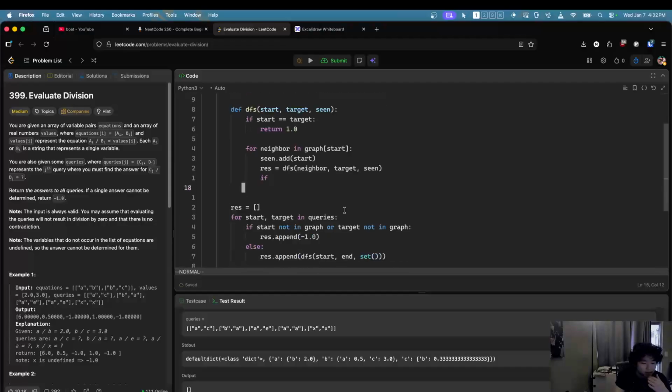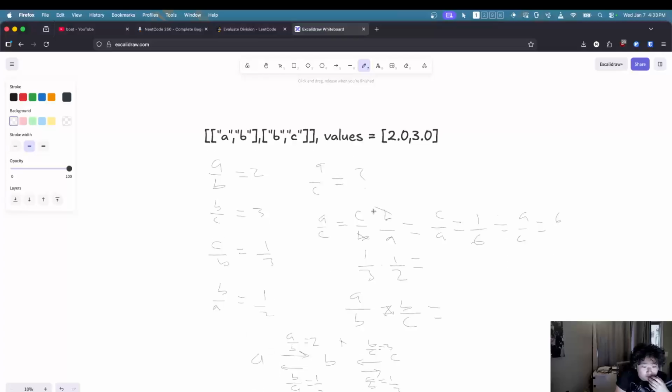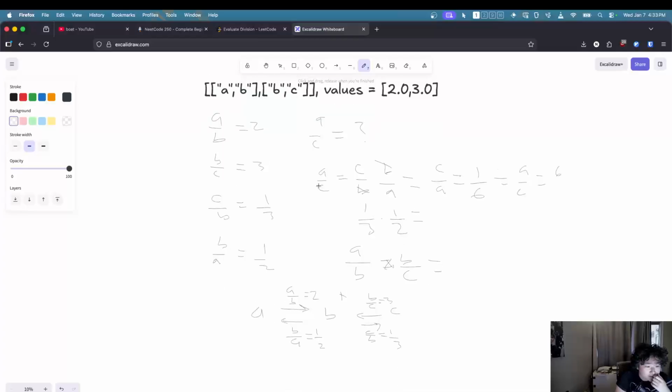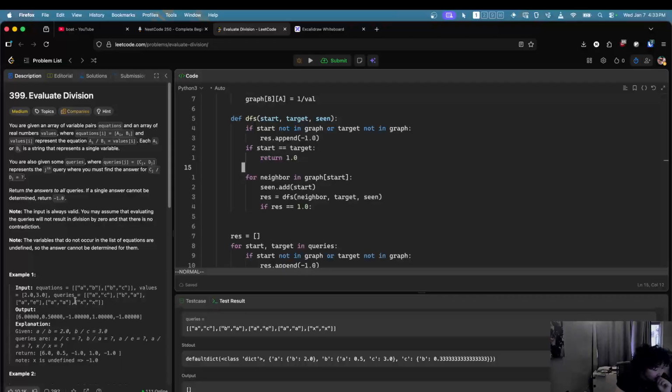Oh, okay, actually, never mind. I need this here. Actually, it's fine. I need this to be here, because if we end up in a bad spot, like I wanted to find b over a, that's right here.